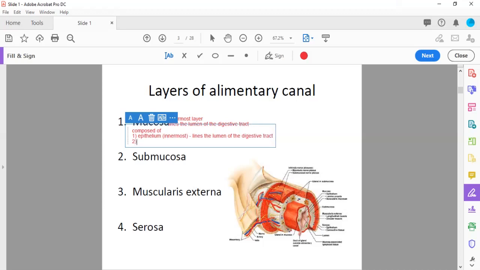The next one is the lamina propria, which is a CT. And the third one is known as the muscularis mucosa, which is a smooth muscle.